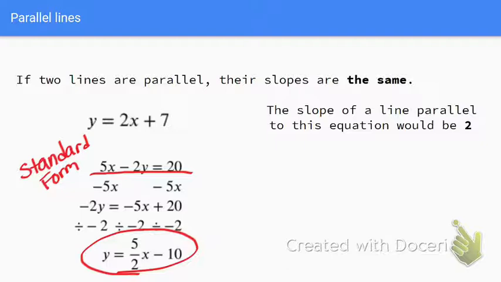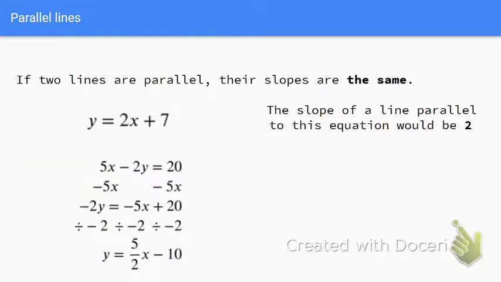If you are given an equation in standard form, don't panic. Solve it for y so that you can see the slope-intercept form and see the slope and talk about the parallel line. Questions? We good?